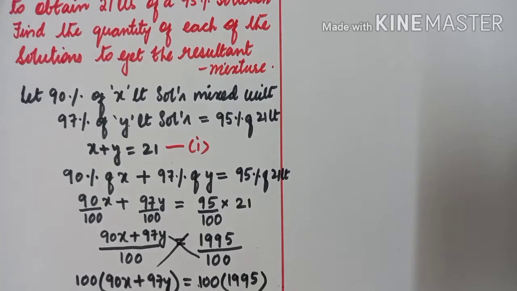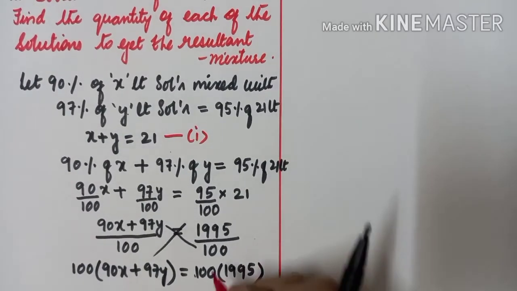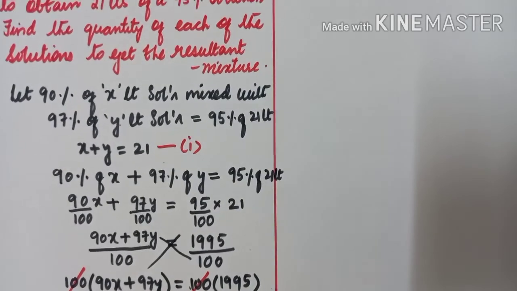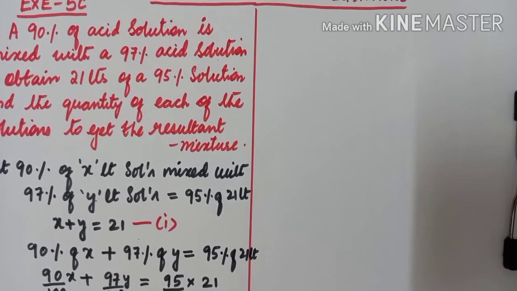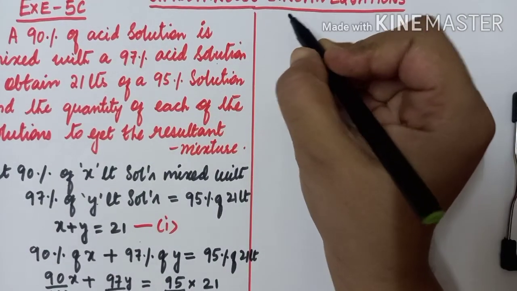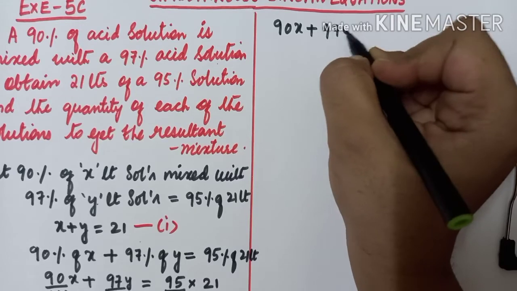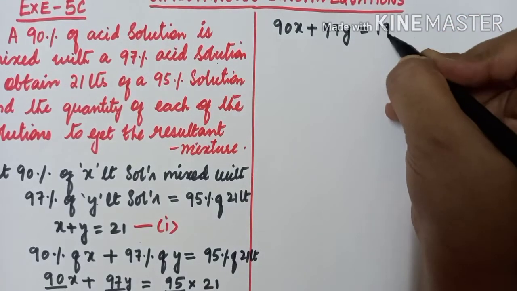Both are 100, so let us cancel these two hundreds. The equation you got is 90x plus 97y equals 1995.